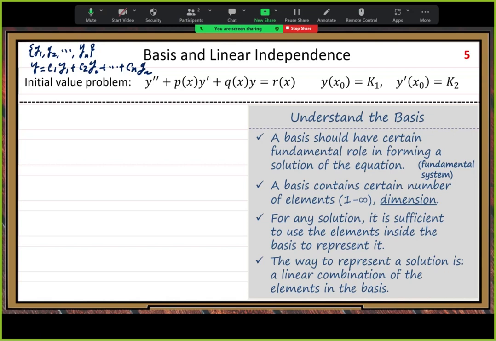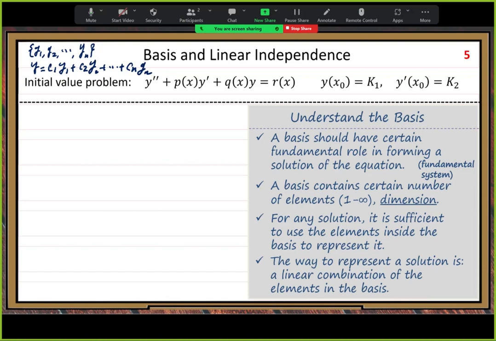If all are 0, y is the trivial solution, which is a special one. Here we are only interested in non-trivial solutions. So that means not all C constants are 0; at least one C constant is not 0.